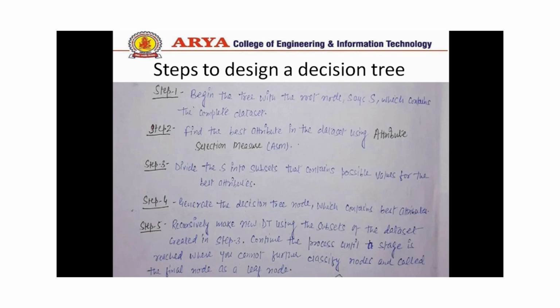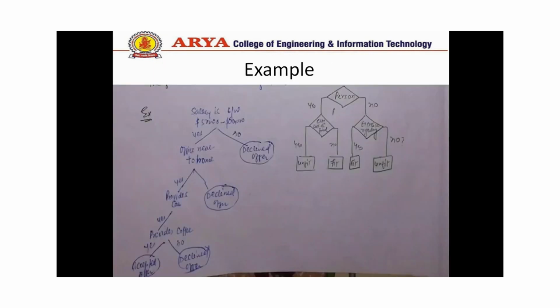These are the steps to design a decision tree. In the first step, we begin the tree with the root node, say S, which contains the complete data set. In the second step, we find the best attribute in the data set using an attribute selection measure. In the third step, we divide the data set into subsets that contain possible values for the best attribute. Next, we generate the decision tree node which contains the best attribute, and in the last step we recursively make new decision trees using the subsets of the dataset created in step 3.